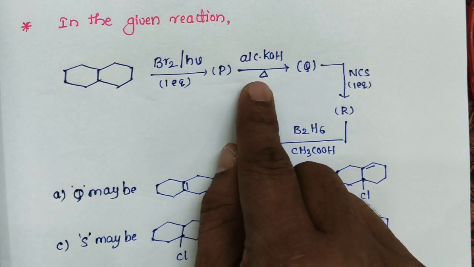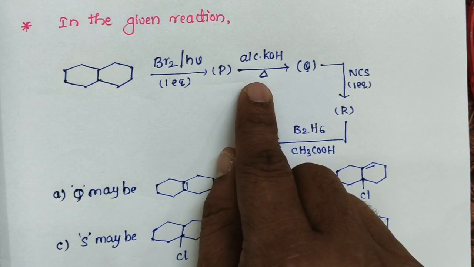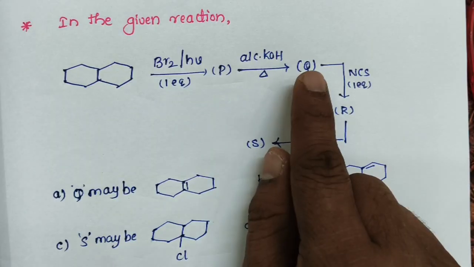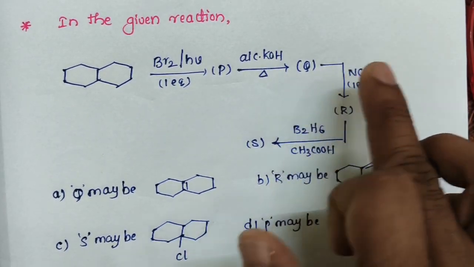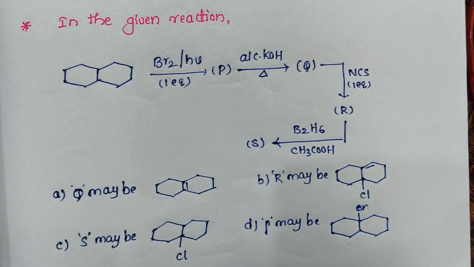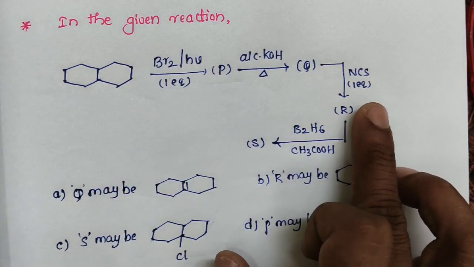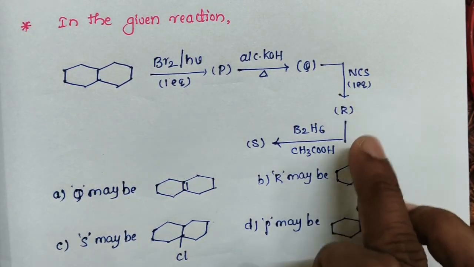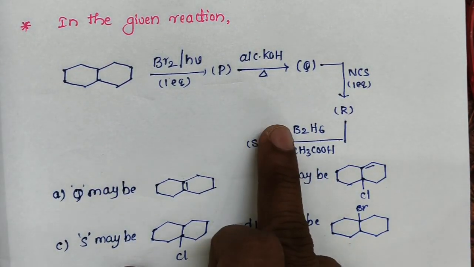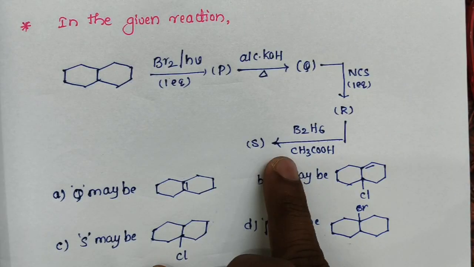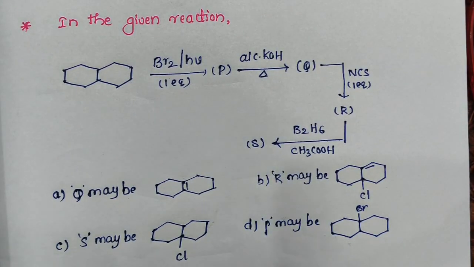That P further reacts with alcoholic KOH in the presence of heat, it gives product Q. Then next it is involved with NCS, one equivalent only, it gives R. The R further reacts with B2H6 in the presence of CH3COOH. So P, Q, R, S are the products given here.